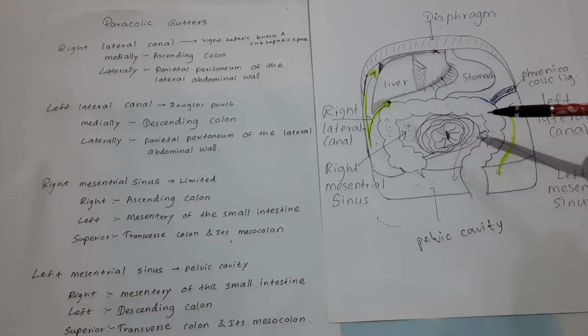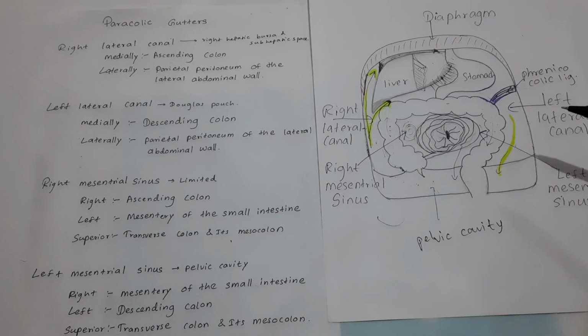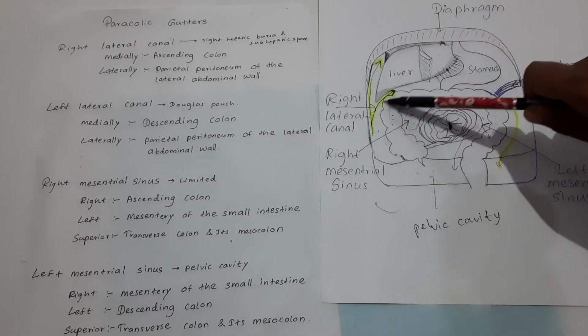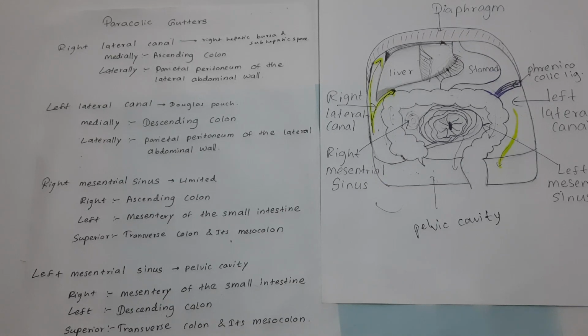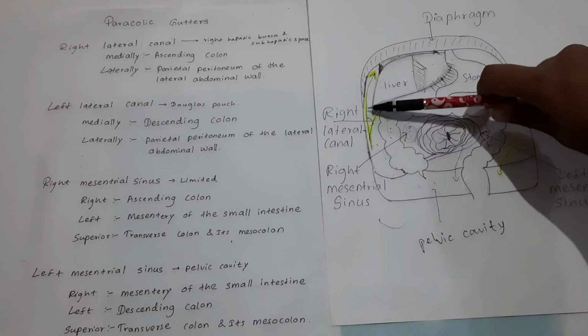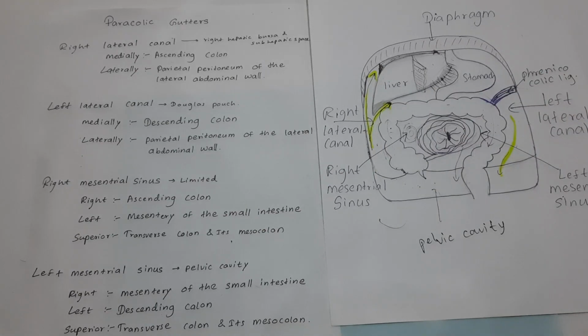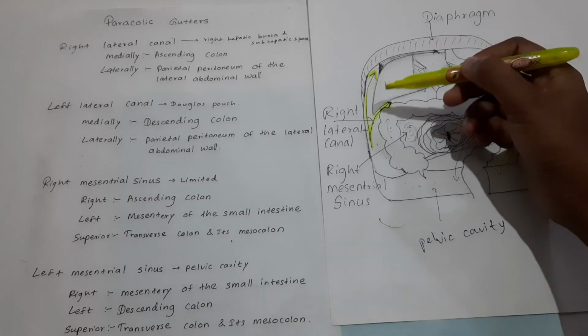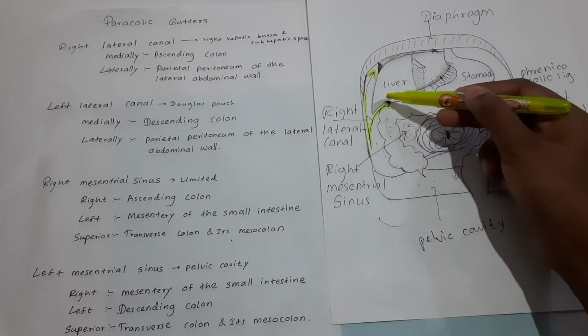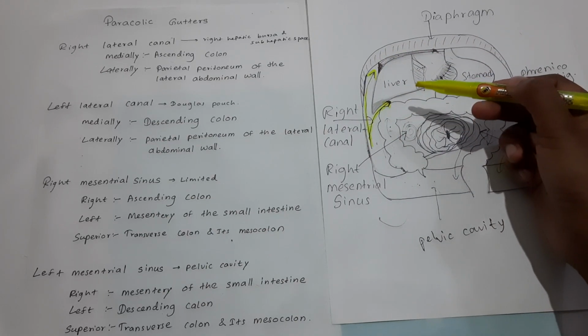Here now we will talk about the communications. You can see the right lateral canal I have drawn already. I will draw the other structures now. The right lateral canal is communicating with the right hepatic bursa and the subhepatic space, right?